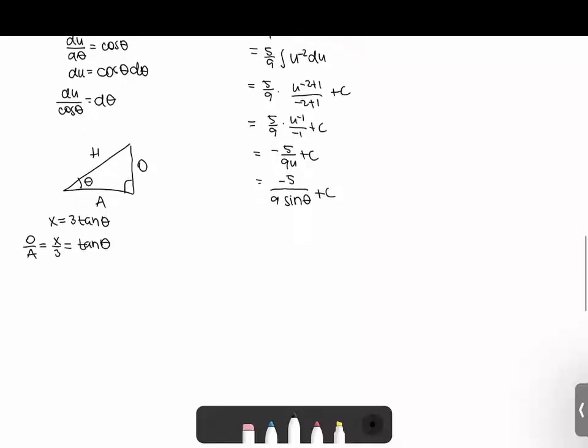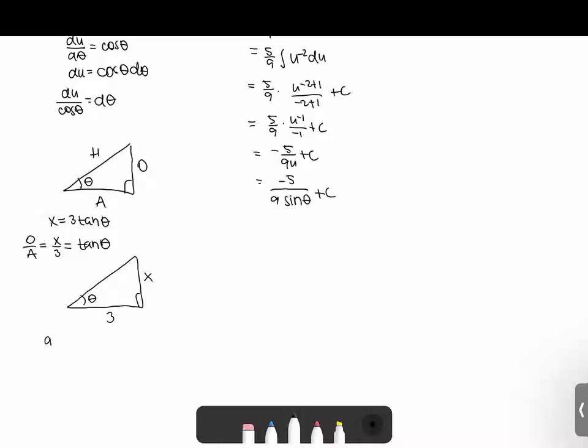So that means that I really have a triangle where my opposite is x and my adjacent is 3. And then I can use the Pythagorean theorem, knowing that the sum of the squares of the sides equal, let me say that one more time.